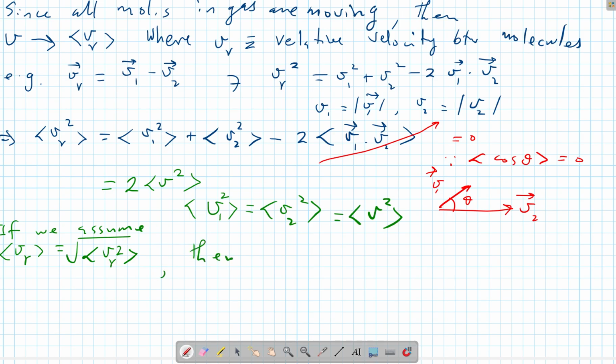then one can see that we can set the mean free path to be equal to the average speed divided by n sigma times the average relative velocity, right?